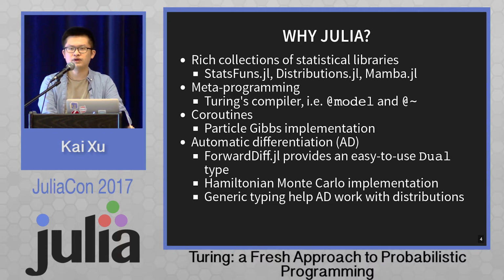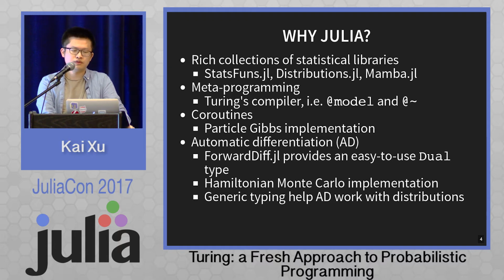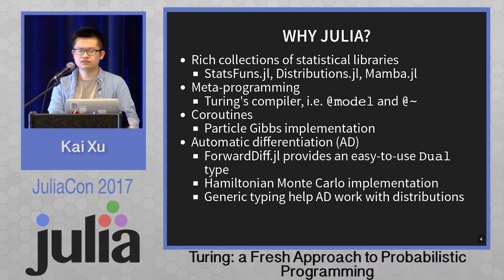Metaprogramming is another reason. Turing is indeed embedded in Julia, but it still has some of its own sampling syntax, the tilde notation, which is enabled by metaprogramming. We also use coroutines in Julia to implement particle Gibbs, which is one of the main samplers in Turing. I will go into this a bit later.